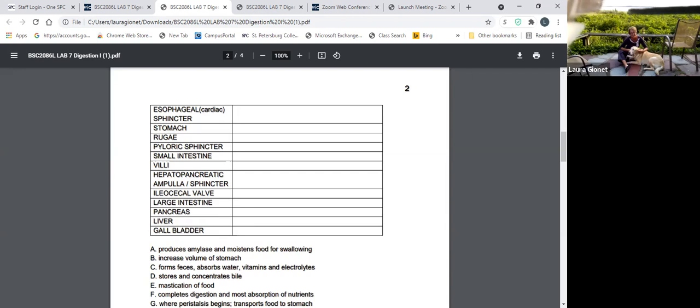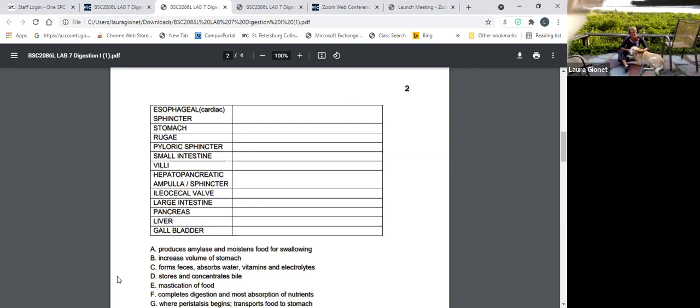As the stomach expands, those rugae disappear, and it becomes a smoother surface. And so the rugae are the folds we're going to see on the inside mucosa of the stomach.